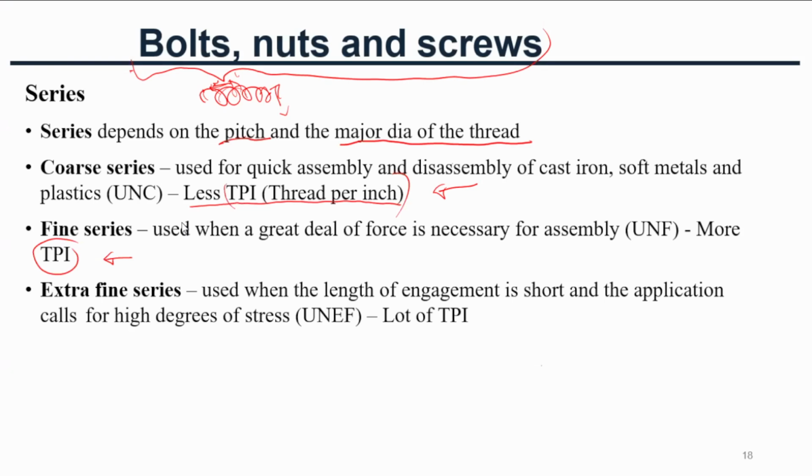The coarse series is used for quick assembly and disassembly, since the assembly process is very easy. It is suitable for cast iron, soft materials, soft metals, and plastics.